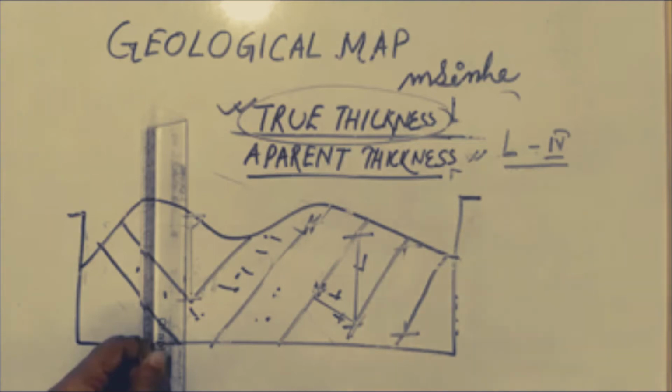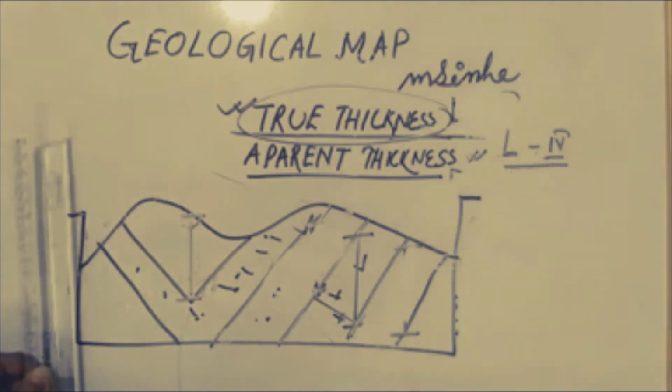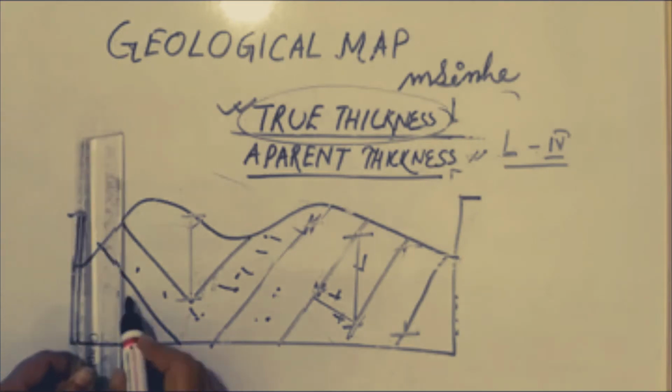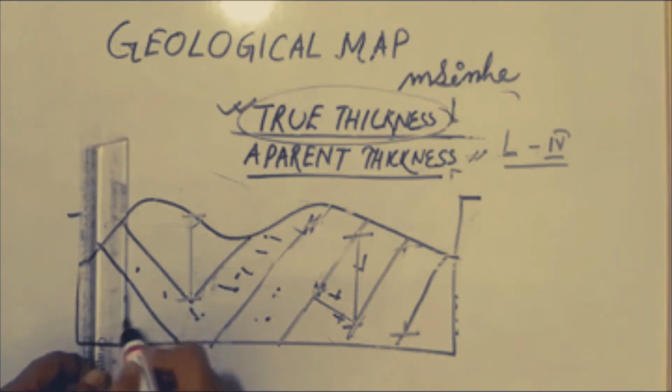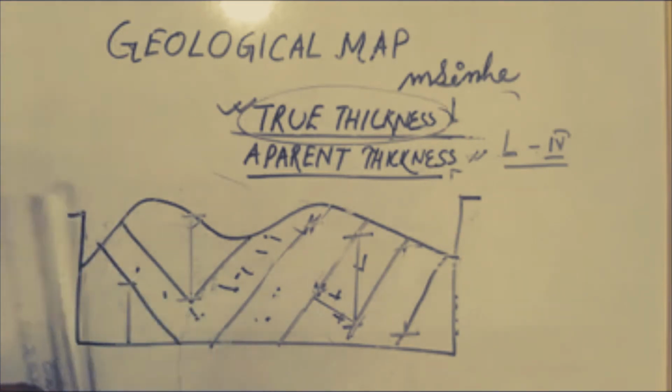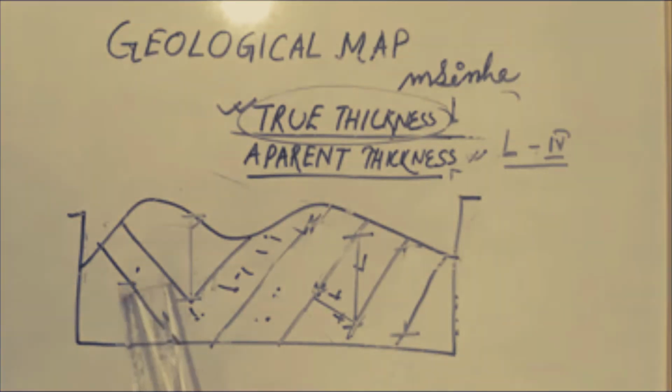You can just calculate approximately, and for the lowermost layer you can just draw a line, take this linear distance and convert it to the scale, and say approximately the lower bed thickness from the geological cross section is 6,000 feet or 4,000 feet, and so on.